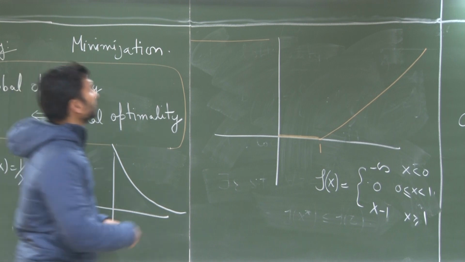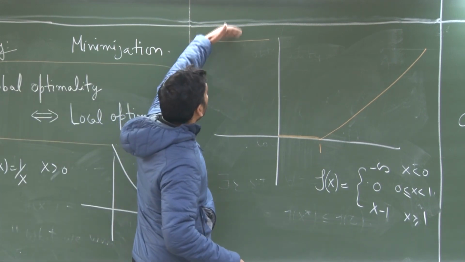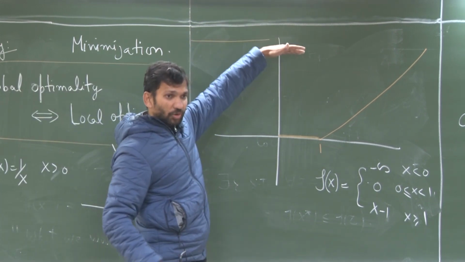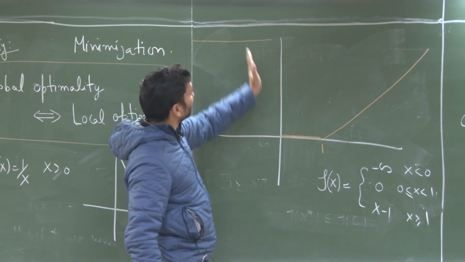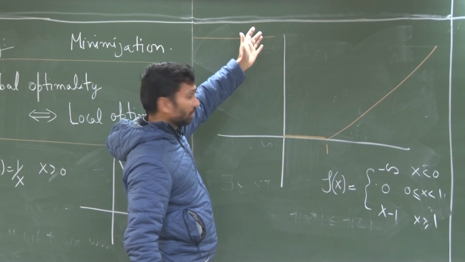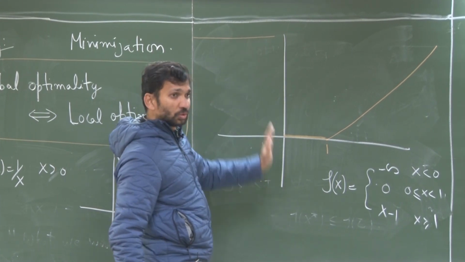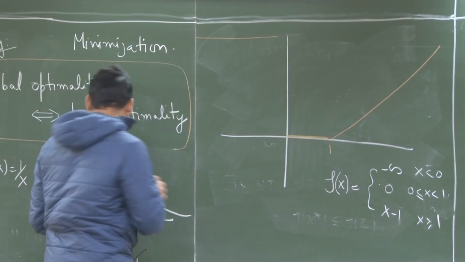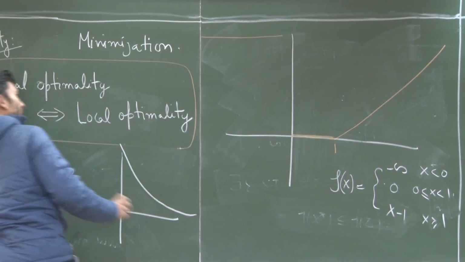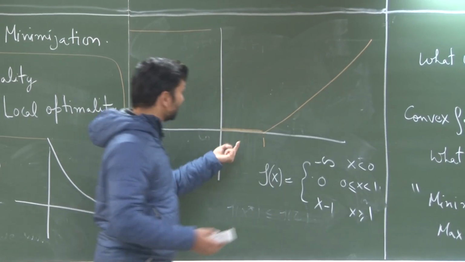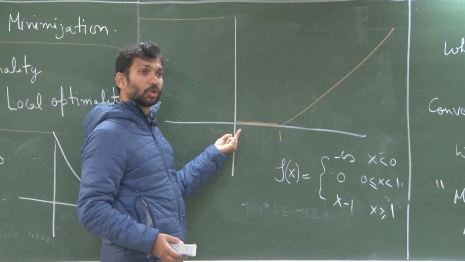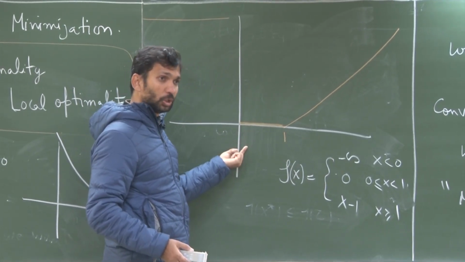And again, you can see that the area above the curve is a convex region, or if you take any 2 points, the line lies above the curve. So then this is fine. And even here, local optimas and global optimas are the same. In this case, there are many local optimas, but all of them are global optima too.